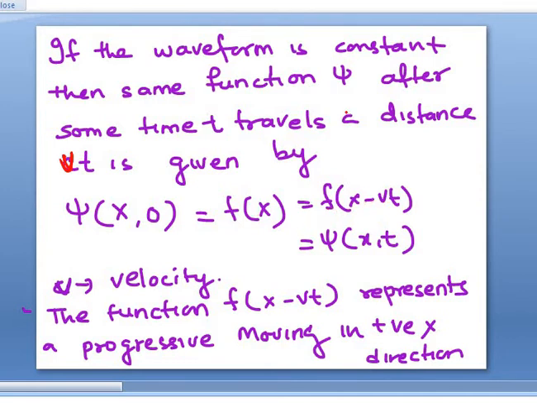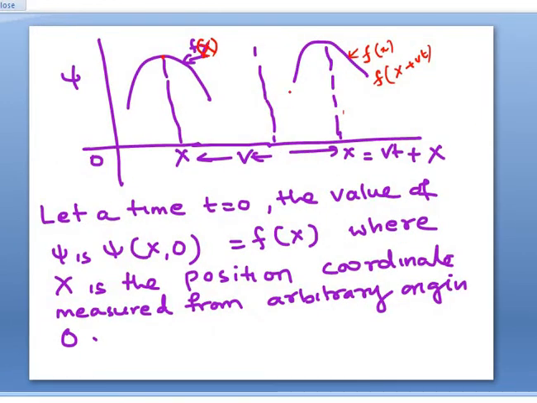Here this is small x minus vt, such that psi can be represented as psi(x, t). There is nothing wrong. See, the wave is remaining like that. Look at this point here.